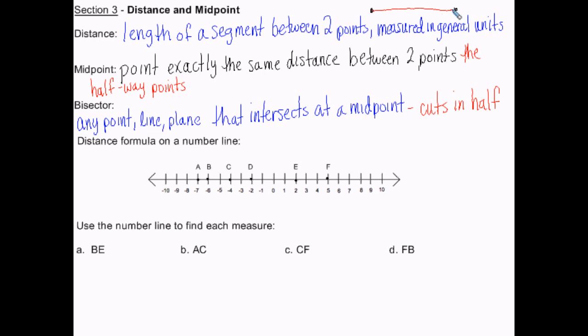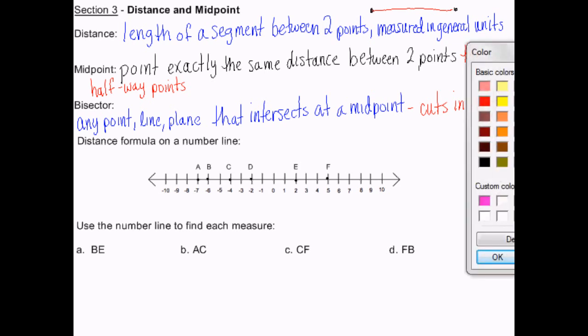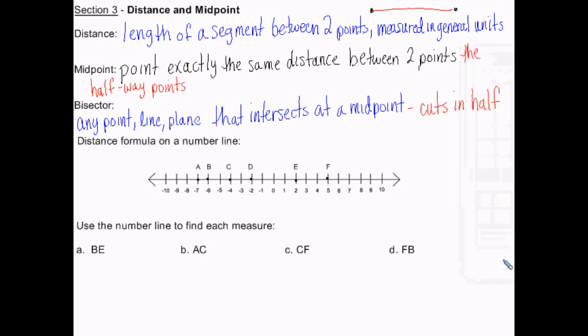Okay. The midpoint is exactly the same distance between the 2 points. It's the halfway point. So let's say I had a point, let's do a different color. Okay.